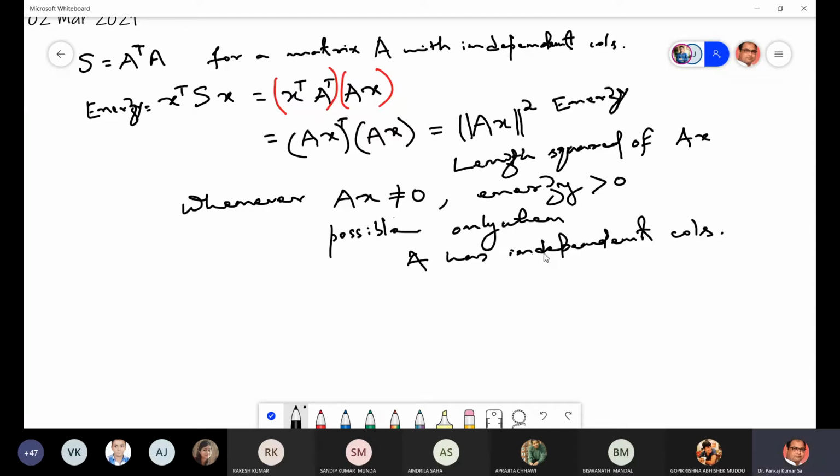But one thing for sure here, another definition comes. If at all this becomes 0, negative is not okay, but this becomes 0, then this is known as a semi-definite matrix. So here we have one definition, semi-definite.